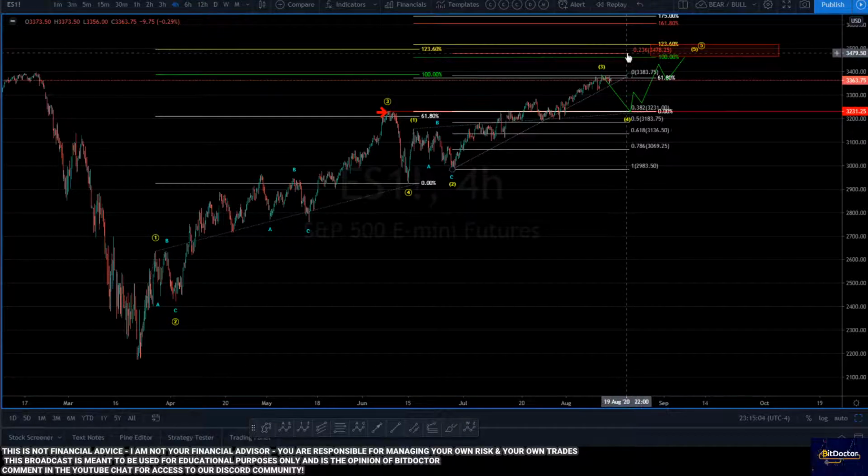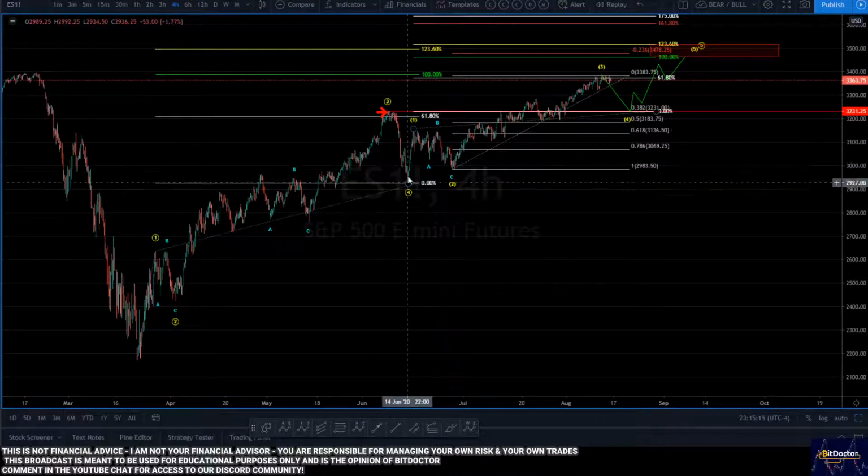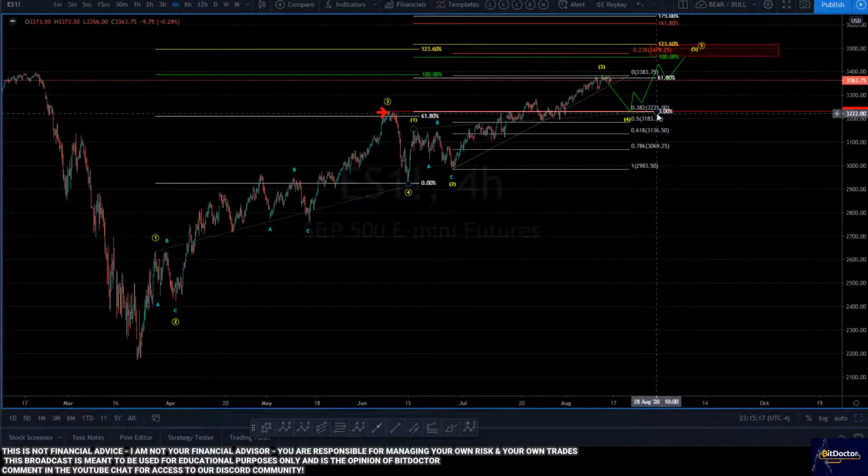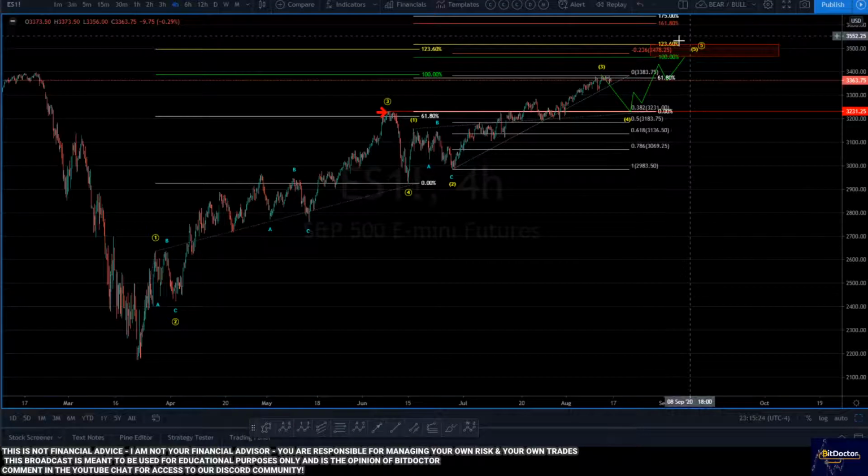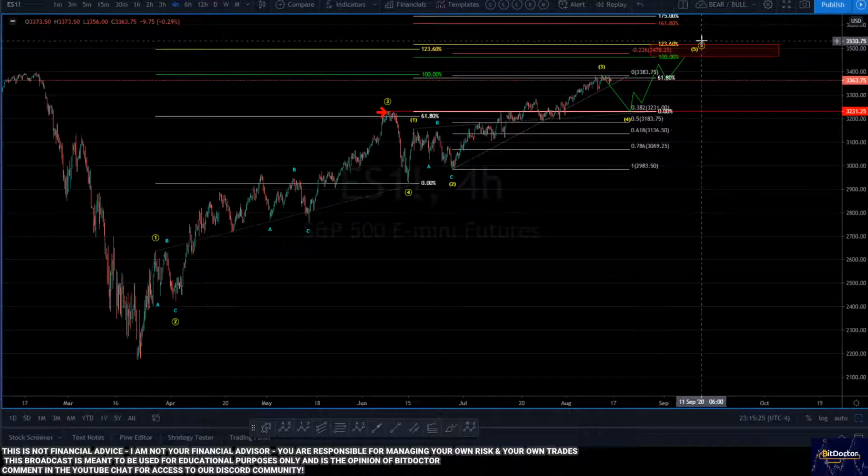The 236 extension, the high probability target to the upside for a wave 5, is sitting there at the negative 236. And then again, we've got this wave 1 projected from our expected wave 4, and you've got the 123.6 right up here. All of this is telling me that we are more than likely going to pull back significantly from here.